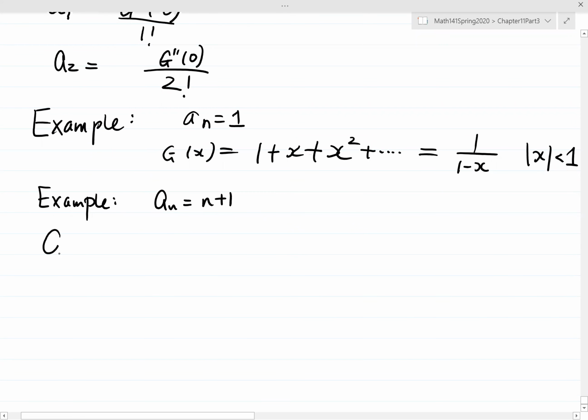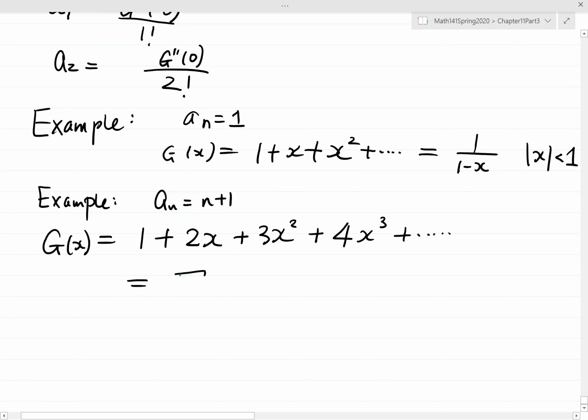Now g(x), you can write g(x). a0 will be 1, a1 will be 2, a2 will be 3, a3 will be 4, plugging in 3, you get 4x cubed, etc. So this is the sum from n equals 0 to infinity of (n plus 1) x to the power n.